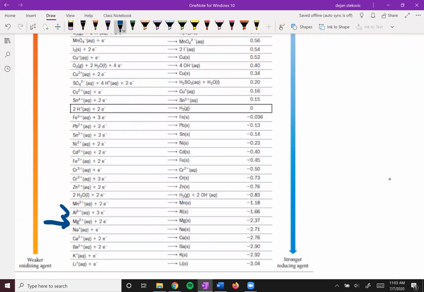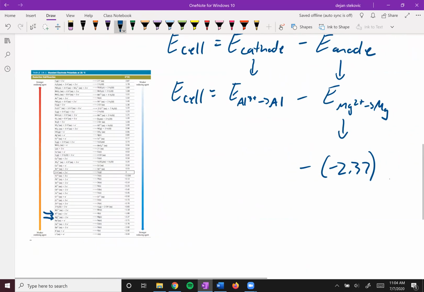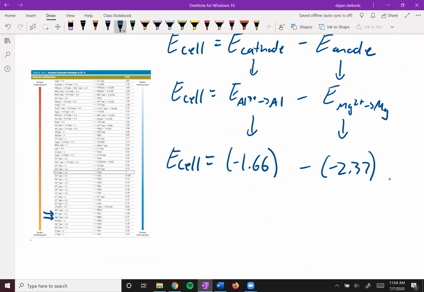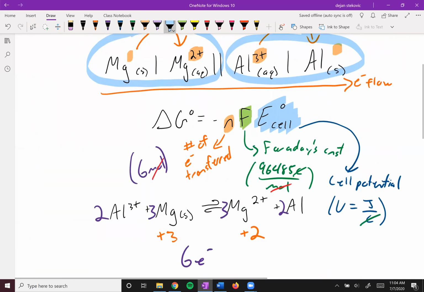It's just right above it at negative 1.66. And so then we can calculate our E cell here. Don't forget to subtract a negative makes a positive. So this ends up being a positive 1.19 volts. And so then we just take this number and plug it into our original equation right here for E cell. And now we have all the variables to solve for delta G.